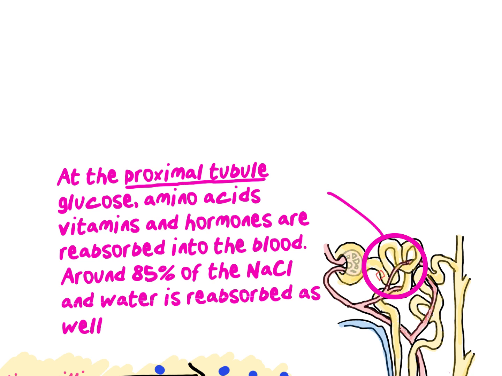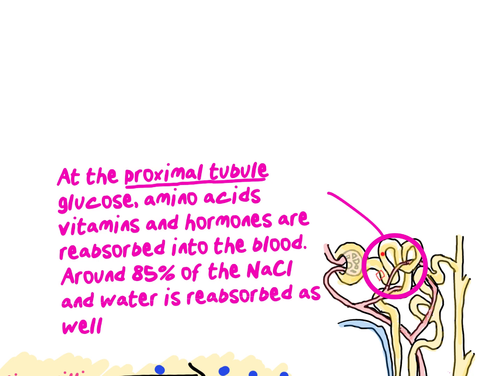The only thing that hasn't really is going to be the blood cells, and obviously some plasma as well, because clearly blood wouldn't be able to flow without it being liquid. So not everything passes out, but the majority of it does. So within this, as I said, will be amino acids, glucose, vitamins, hormones, and at this point in the proximal convoluted tubule, we're going to be reabsorbing back into the blood.